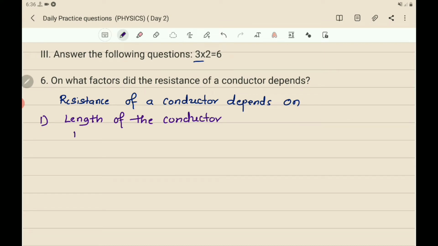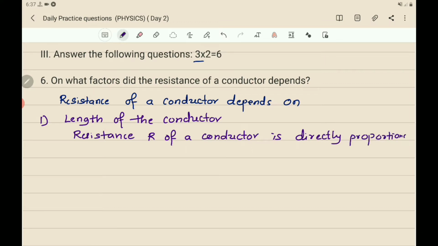So write that resistance R of a conductor is directly proportional to its length L. That you can write R is proportional to L.